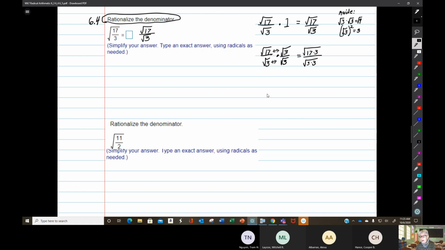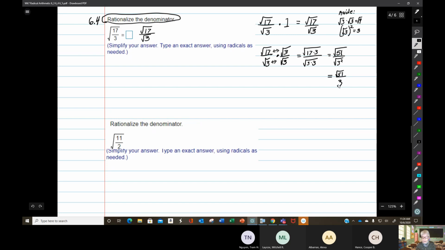Now, I believe the square root of 17 times 3 is the square root of 51, I think. Yes, it is. Over the square root of 3 squared. Well, the square root of 3 squared is 3. So our answer is the square root of 51 over 3.